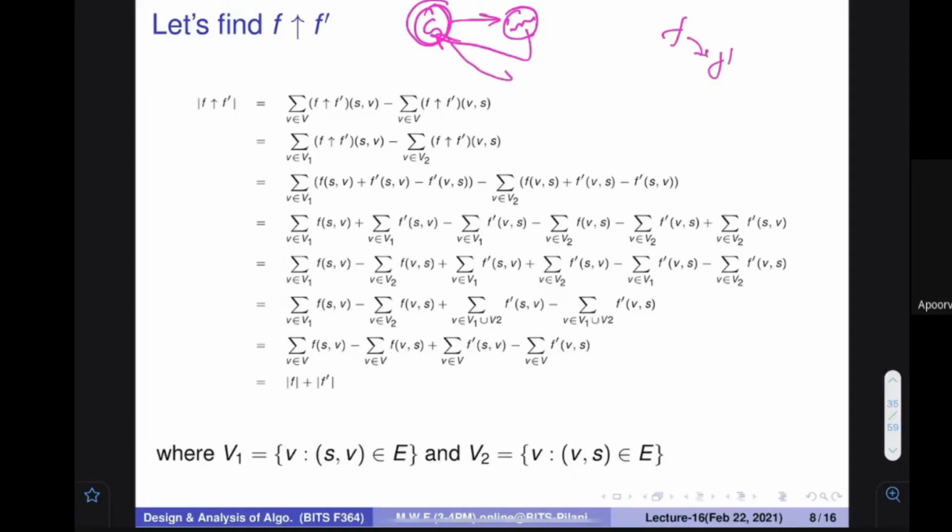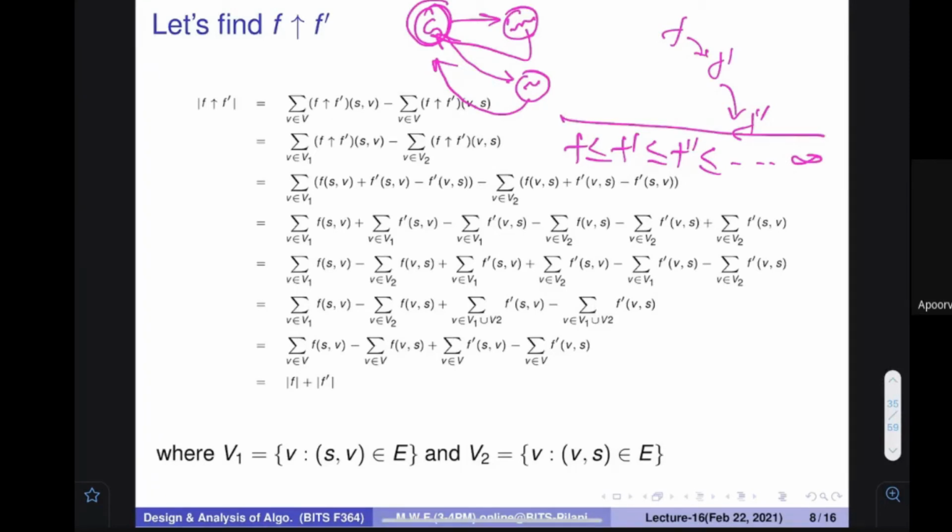Again you create the residual network, find something, add over here, it becomes F double dash, and you say that F dash is greater than F, F double dash is even greater than this. Everything is getting increased. You may think it cannot go to infinity, because every time by doing this operation you are increasing the flow. So how much can you increase the flow? Only to a maximum value.